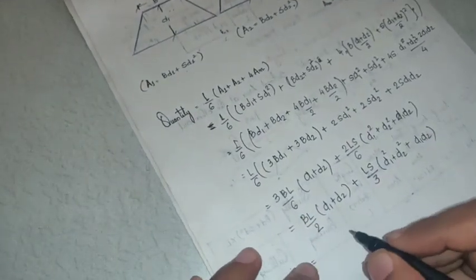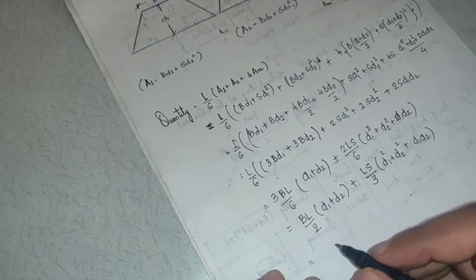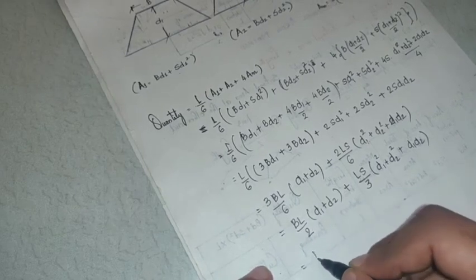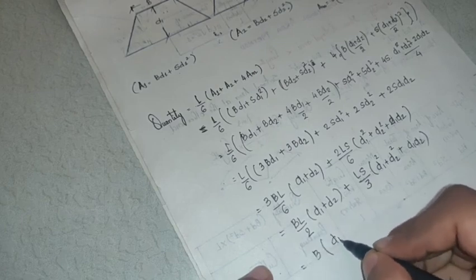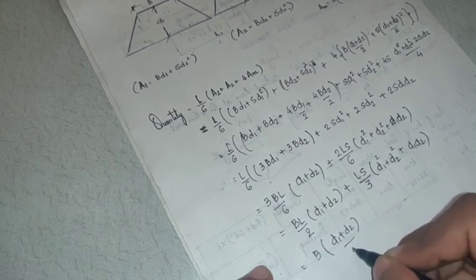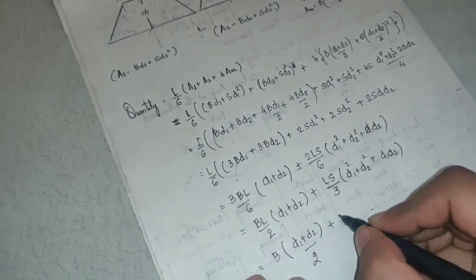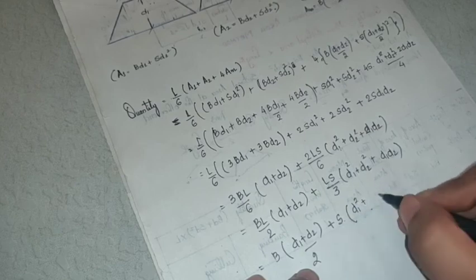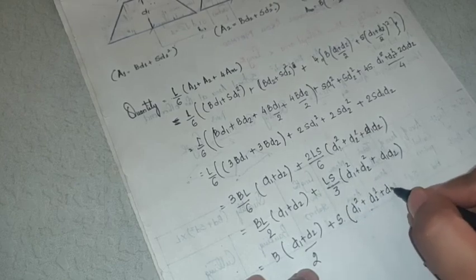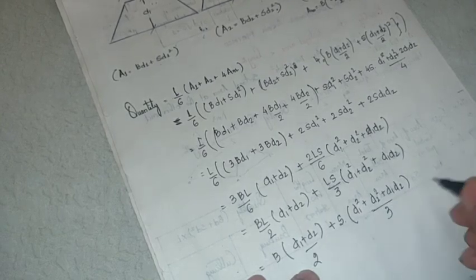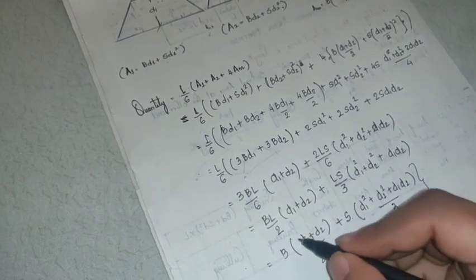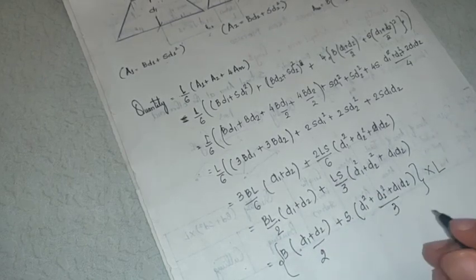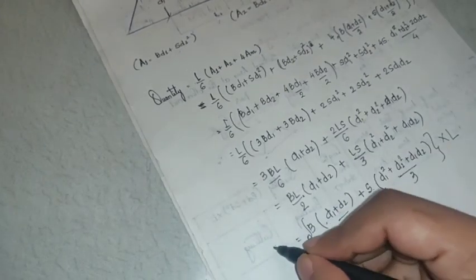What we'll do here is take this 2 inside, so B as it is, (D1 plus D2) divided by 2, plus S as it is, I'll take 3 inside, so (D1 square plus D2 square plus D1 D2) divided by 3. Now what is common for both? L was common, so I'll multiply this with L. This is the volume.